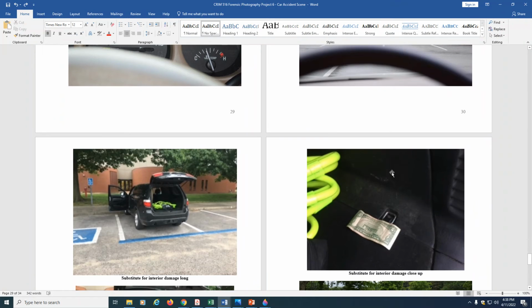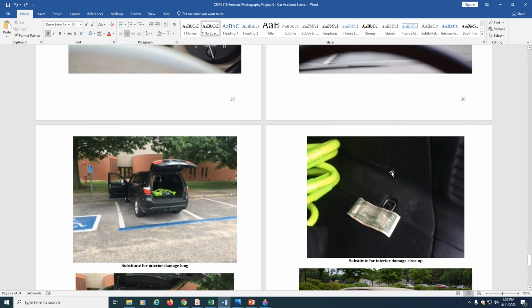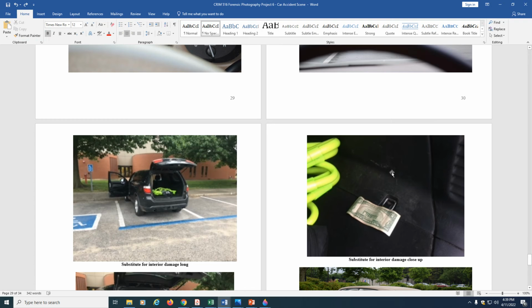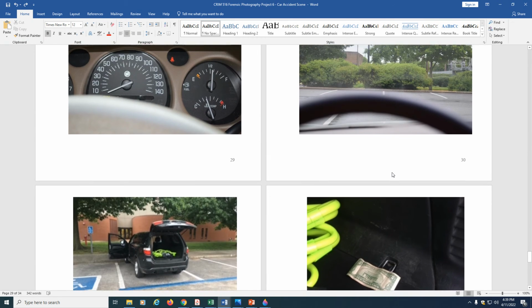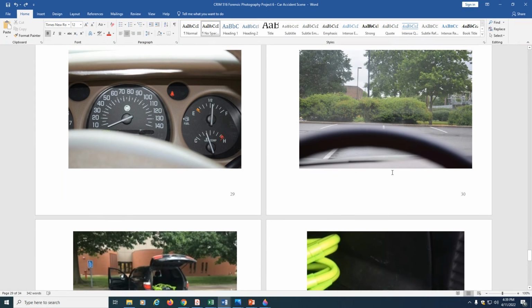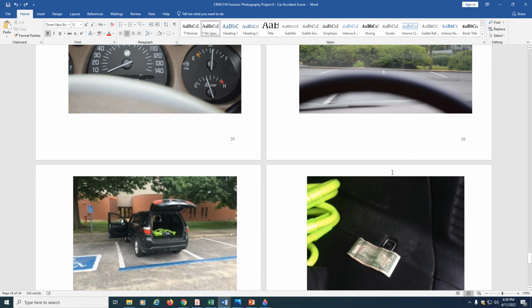All right. Now we get to look at interior. Is there any interior damage? You may not have any. So if you do not have any interior damage, I'm not going to make you report that.